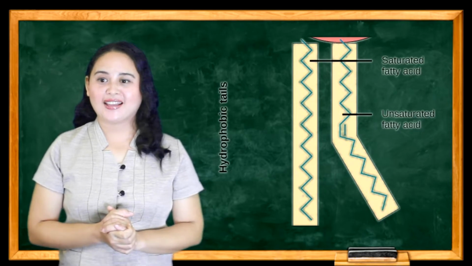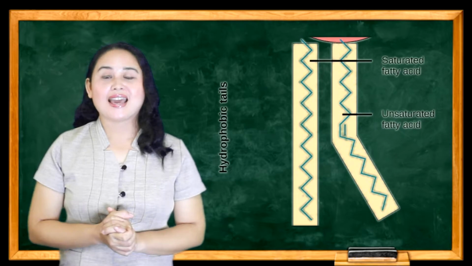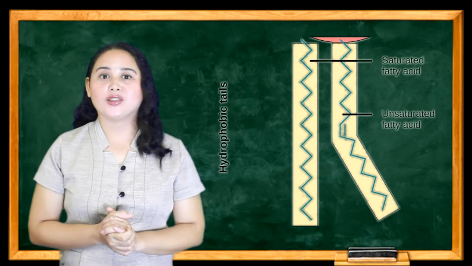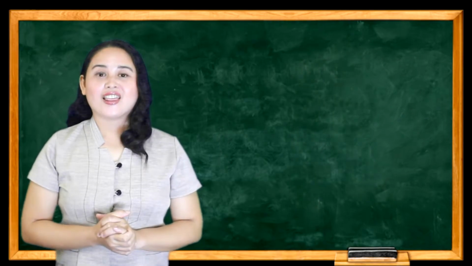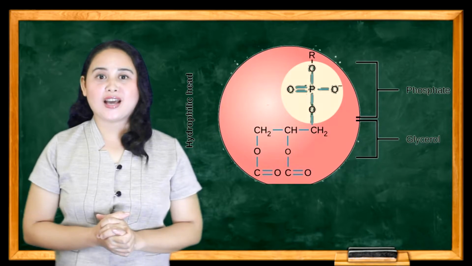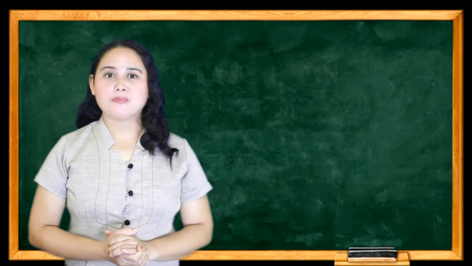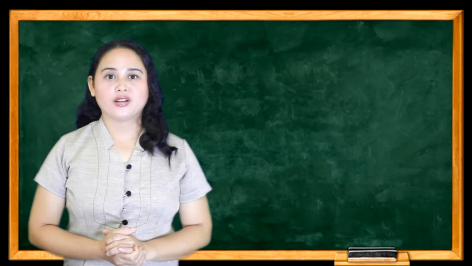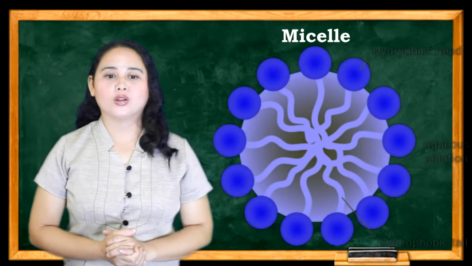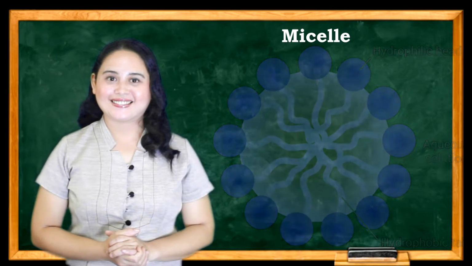On the other hand, their hydroxyl, ester, and ether groups can interact with water. These groups are called hydrophilic or water-loving heads. When lipids are mixed with water, they arrange themselves in a spherical form called a micelle.